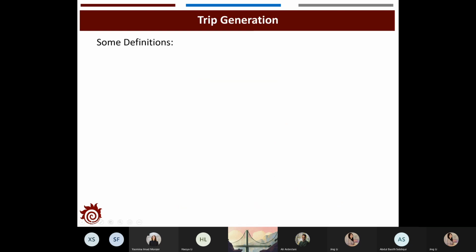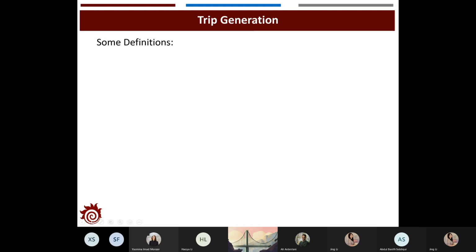First of all, the trip generation will help us to determine how many trips will be generated from one location. We don't care about what the destination is, but we have to know how many trips will be generated in that area, or how many trips will be attracted to one location. So that's the purpose of the trip generation model.